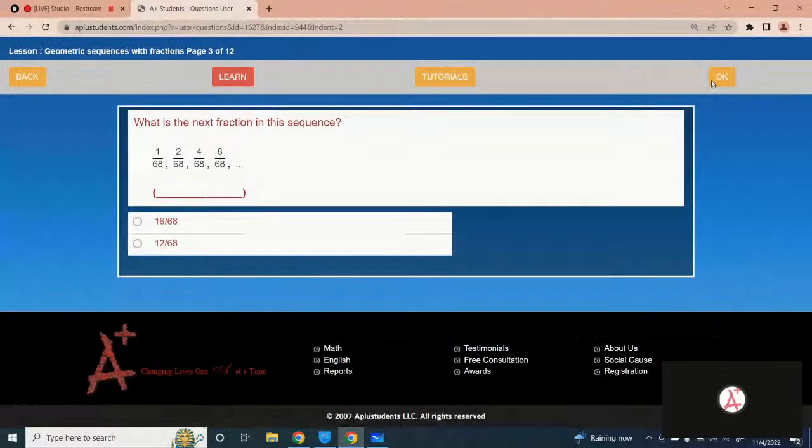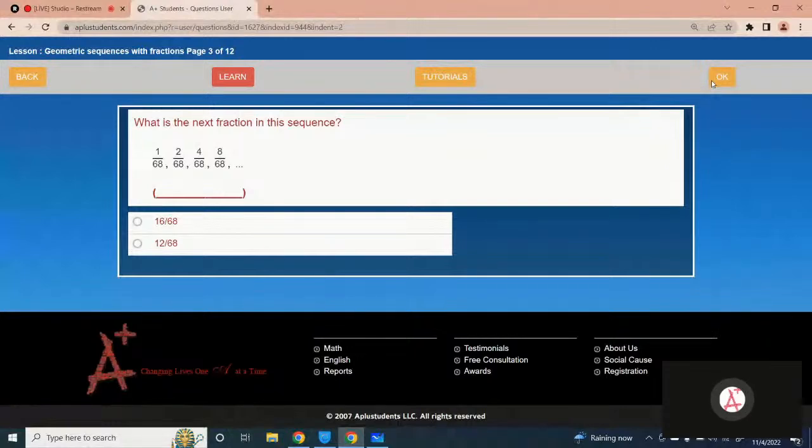Just communicate with me. What is the next fraction in the sequence? 1 over 68, 2 over 68, 4 over 68, 8 over 68. The next term in the sequence is, each time the numerator is multiplying by 2, isn't it?